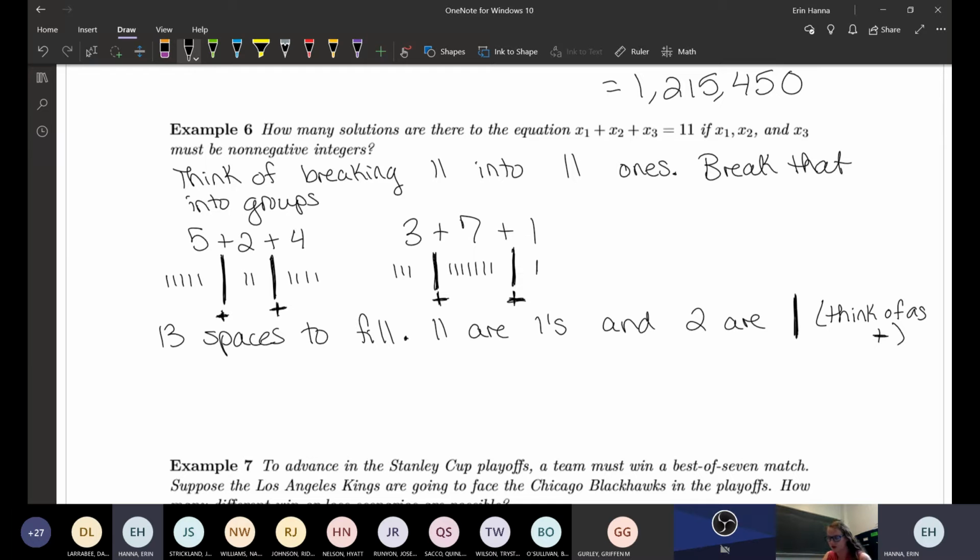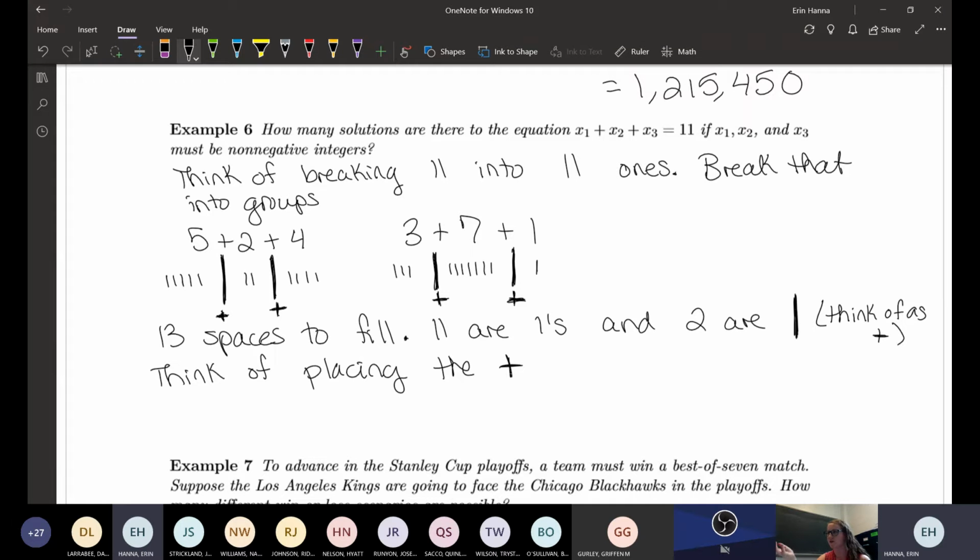So essentially, think of placing the plus signs. If we get to choose where the plus signs are and then everything else just gets filled in with a 1, that'll tell us how many ways we can do this.